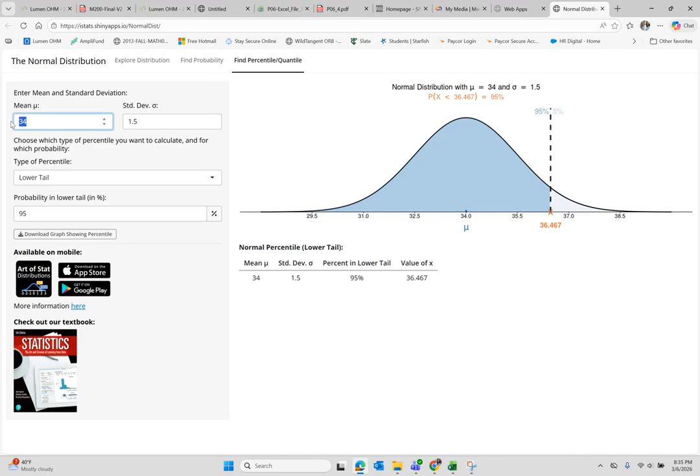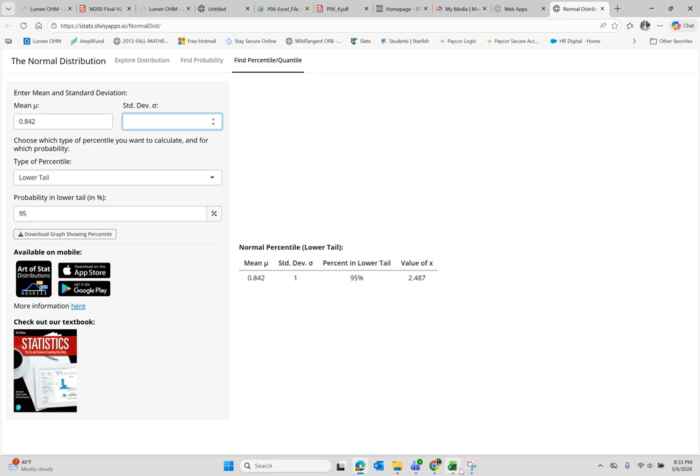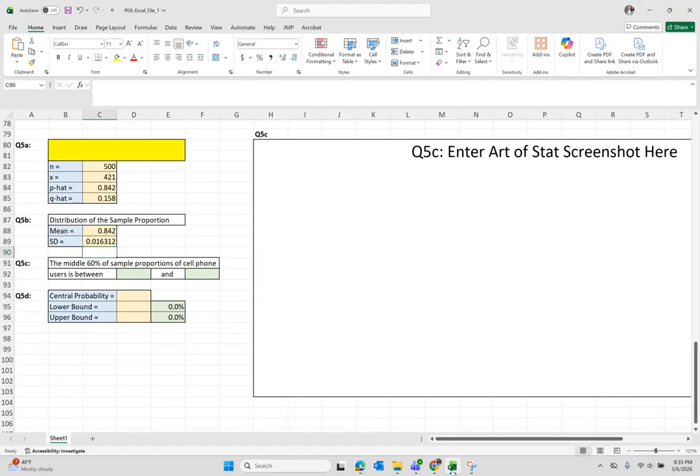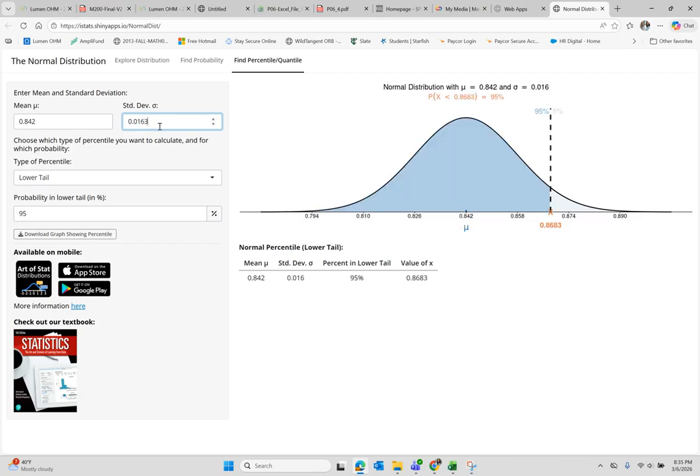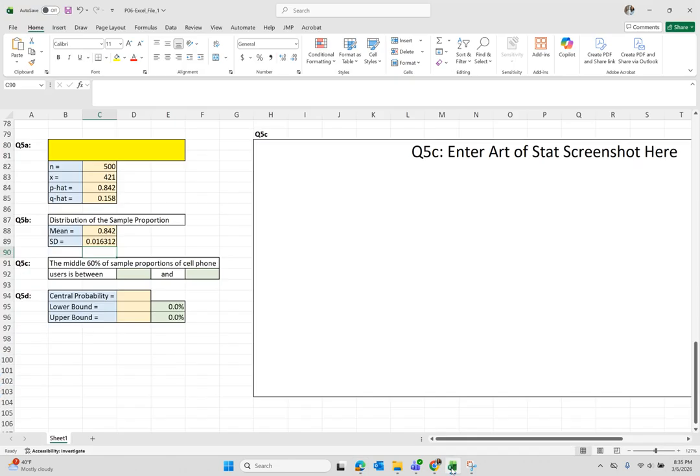We have a mean of 0.842. And we have the standard deviation of the sample proportion, and that we found it to be 0.016312. Let me double check that I have the correct value.